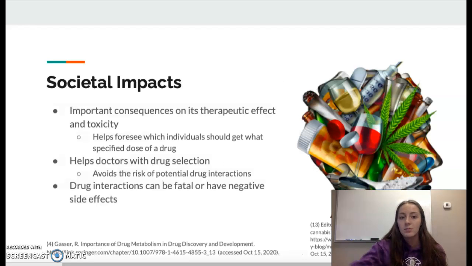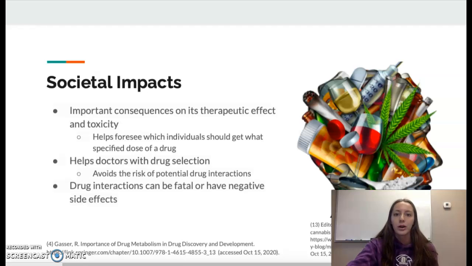So, the societal impacts. The metabolism of a drug can have important consequences on its therapeutic effect and toxicity. For this reason, metabolic pathways in man help to foresee which individuals should get what specific type of drug, or the dose of a drug.